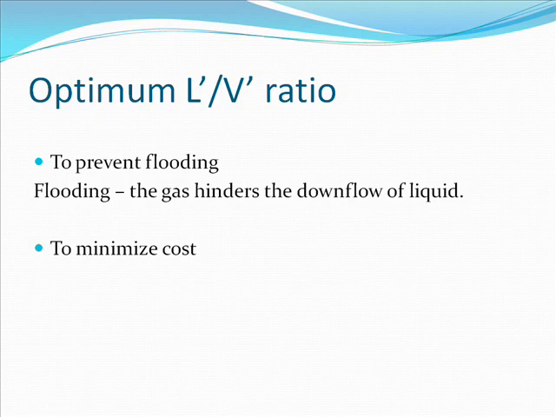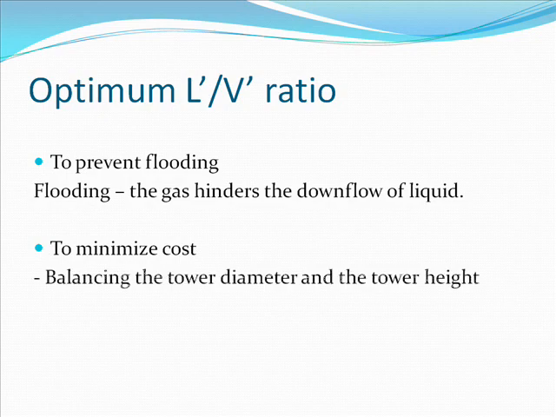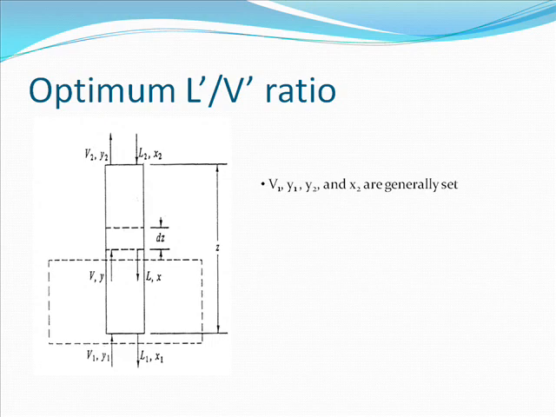It is also useful in minimizing the cost of the tower. Choosing a very high L prime over V prime ratio will require a tower with a large diameter. Here, the recovery of the solute will be costly. On the other hand, choosing a very low L prime over V prime ratio will require a very high tower. For this case, the construction of the tower will also be costly. So what will the L prime over V prime ratio depend on?